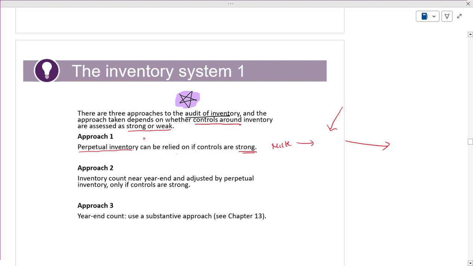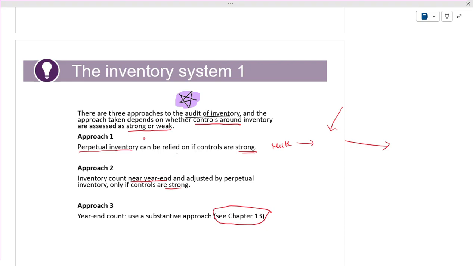Second, inventory count near the year end, at the end of the year, is used only if controls are strong. This is near the year end, this is the year end. Third, use a substantive procedure, which we are going to do in one of the later chapters.